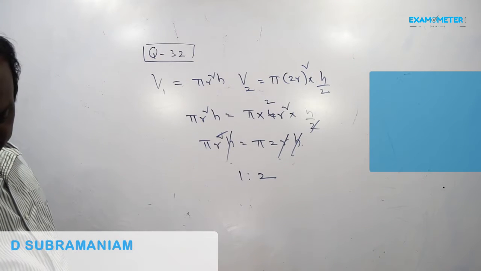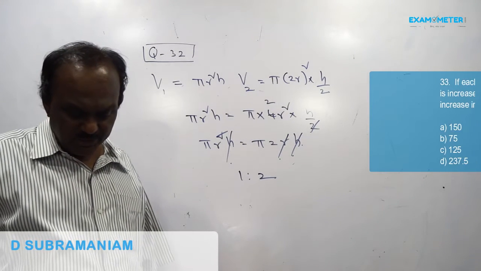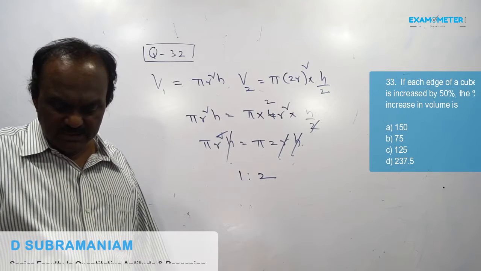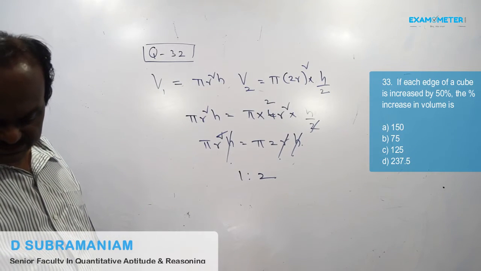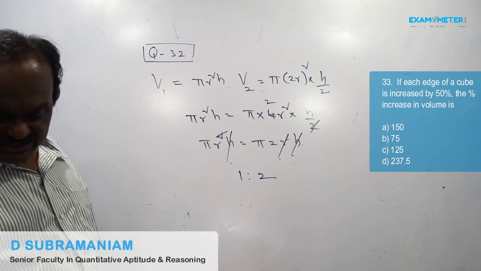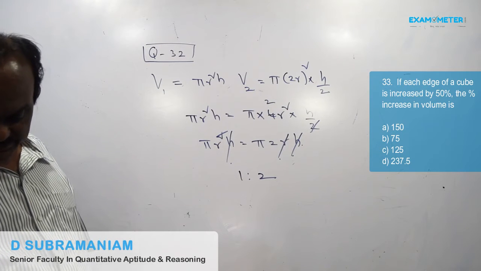B. Question number 33. If each side of a cube is increased by 50%, the percentage increase in the volume is?